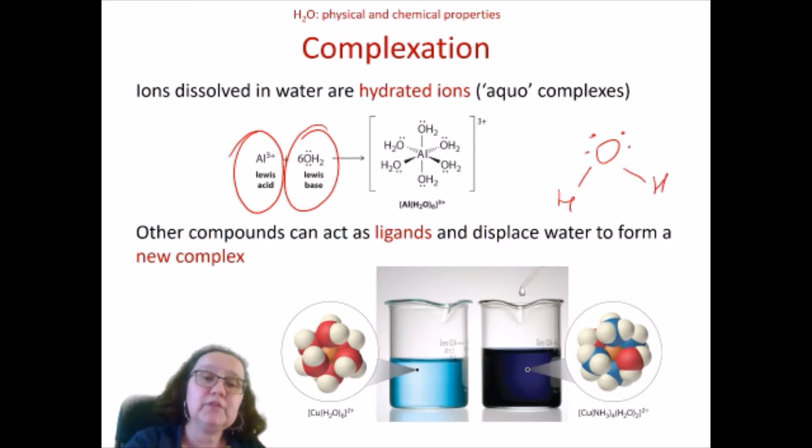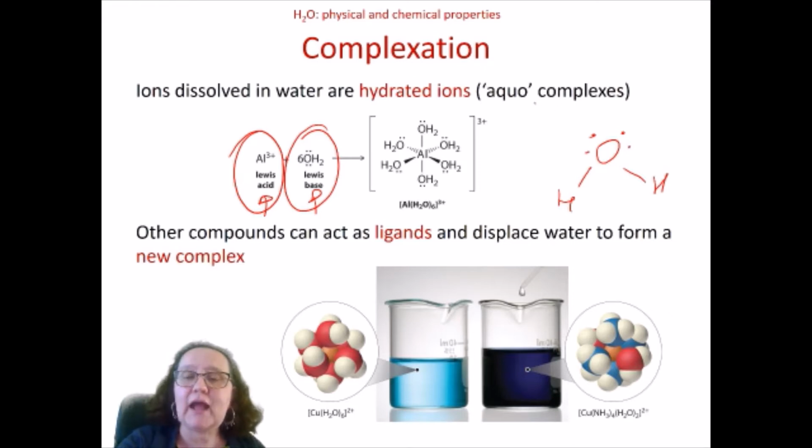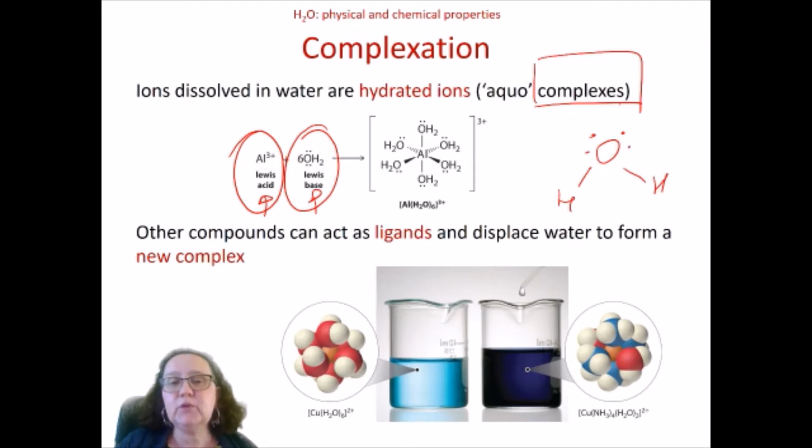So when you have something like water, which is a Lewis base, it has electrons that can be donated. Find a species which is a Lewis acid, that can accept those electrons, and then you make what is called a complex. This is a type of bond in which one of them, the Lewis base, the water, donates the electrons to the Lewis acid, the metal ion.